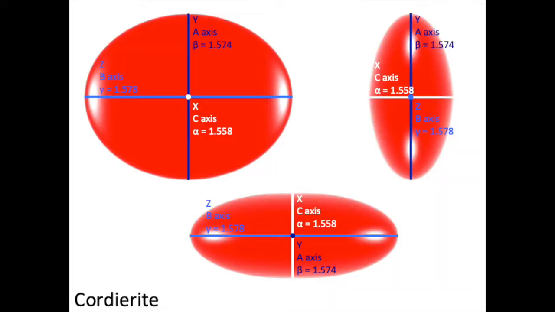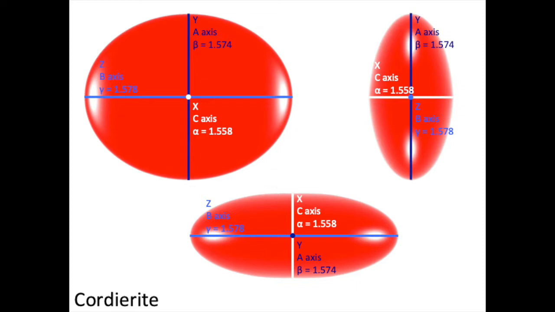And with that knowledge, let's break out our Cordierite optical indicatrix. Just note that this isn't to scale, and also that there's a whole pile of caveats we'll be talking about later. But for Cordierite, which is an orthorhombic mineral, all our crystallographic axes are going to align with important directions through our optical indicatrix, meaning that, in particular for Cordierite, the B axis is associated with gamma, the A axis is associated with beta, and the C axis is associated with alpha.